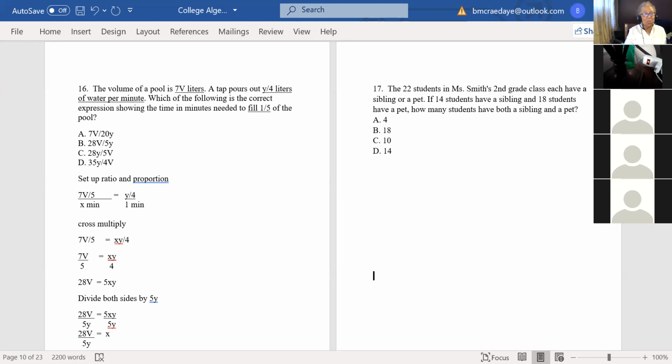What you need to do is, because you see 14 and 18 is more than 22 students, right?